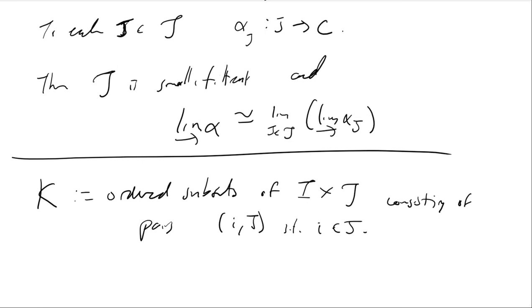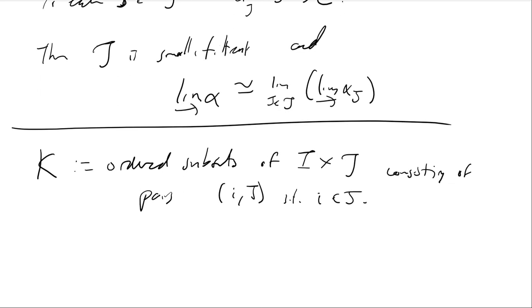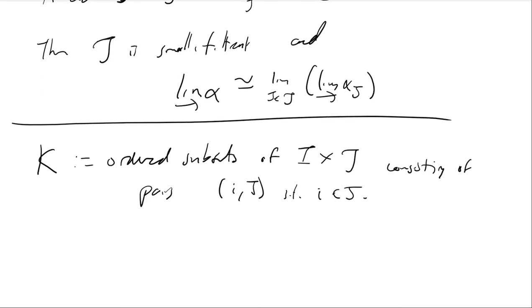It tickles the geometry part of my brain to look at sets of this form. Also, we haven't done any geometry in this video series in a long time, and I'm very sorry for that. The important thing about this collection is that there's a projection to the first factor, which Kashiwara and Shapira call phi. I don't know why they don't call it pi, but I can project to the first factor, K to I. And this functor is cofinal.